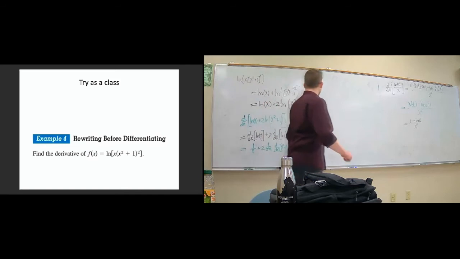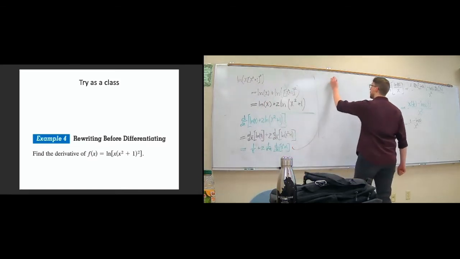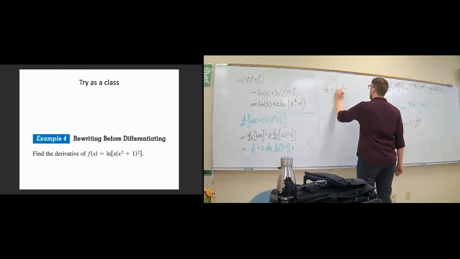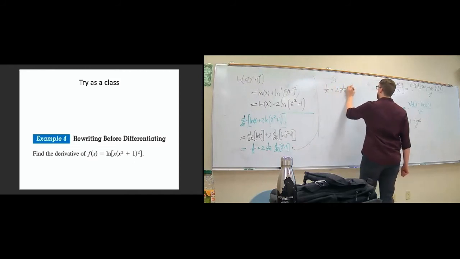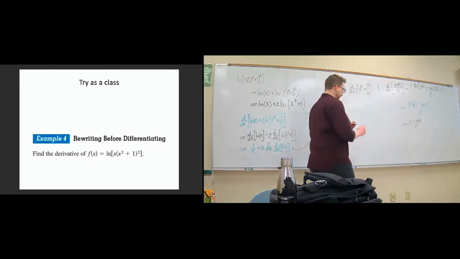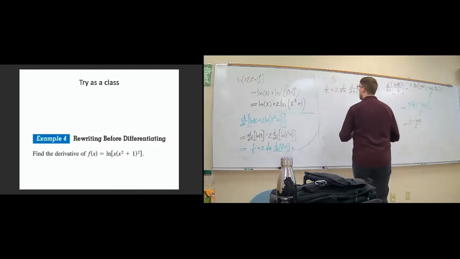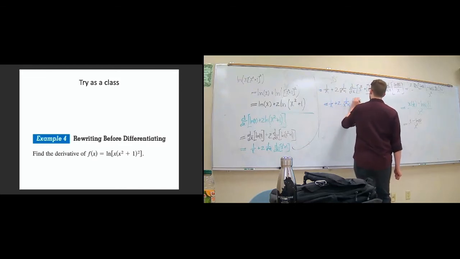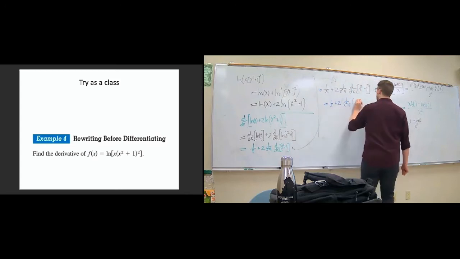Rewriting this, 1 over x plus 2 times 1 over x squared plus 1 times the derivative of x squared plus 1. The derivative of x squared plus 1 is 2x.